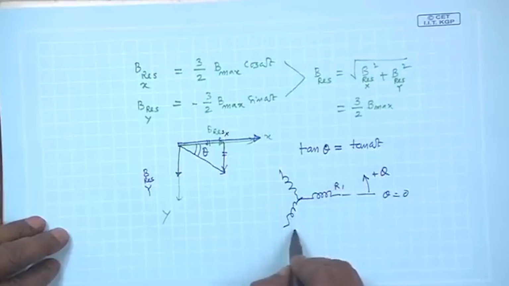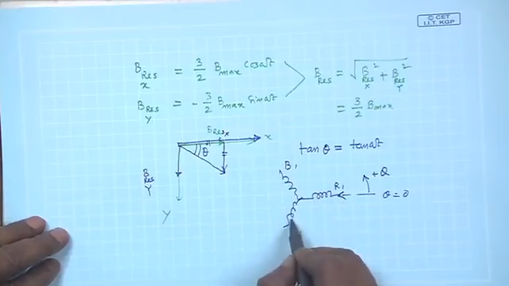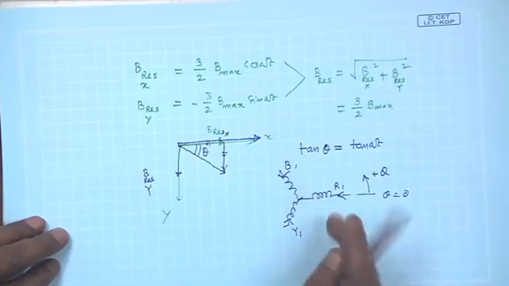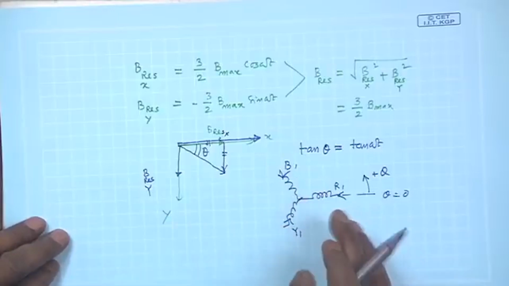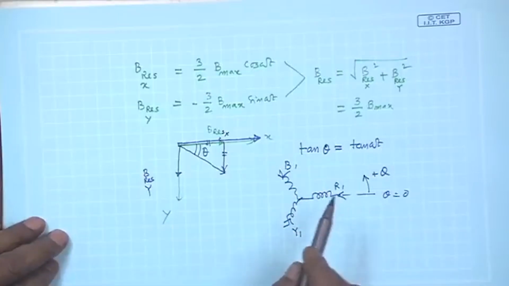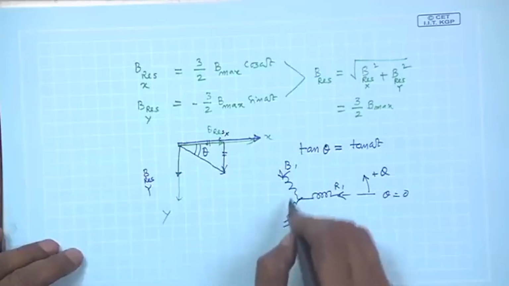If this way you have connected and passed current IR, IY, IB of phase sequence RYB, you will see that eventually what happens is this.